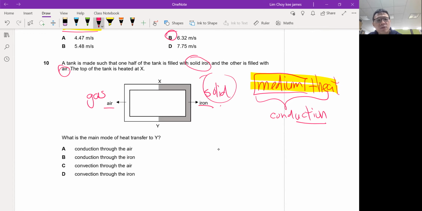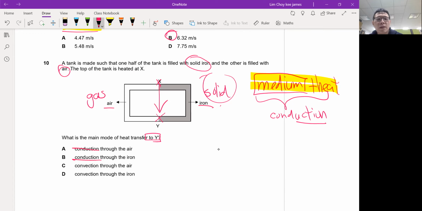How does conduction go from X to Y? Moving downwards, it won't be convection. Convection will be upwards, hot rise, cold sink. So most likely it will be conduction, so it will be either A or B.